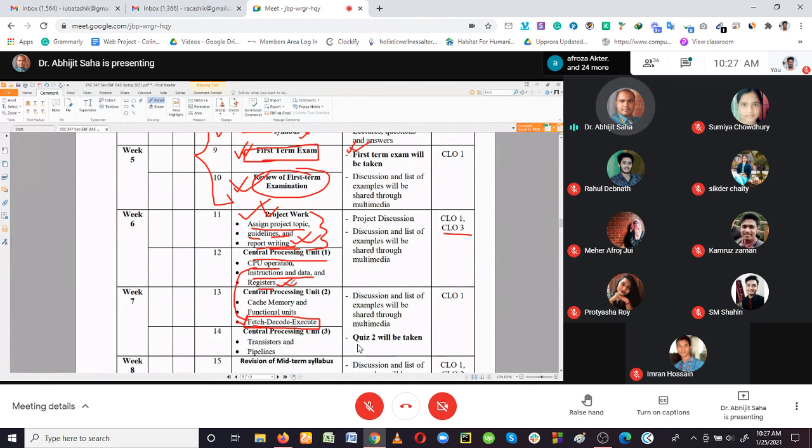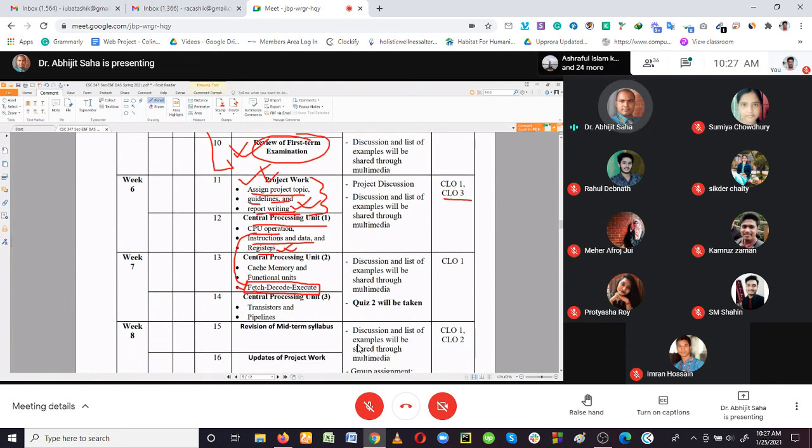And we already know that there are different registers inside the processor. So we are going to learn what the main registers are, and what the usability or functionality of those registers is. Actually, why these registers are there in the CPU, we're going to know.